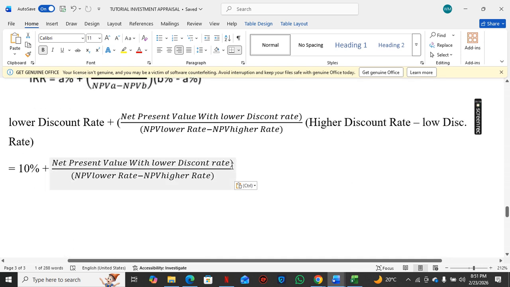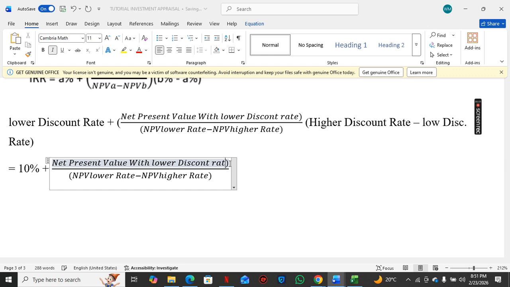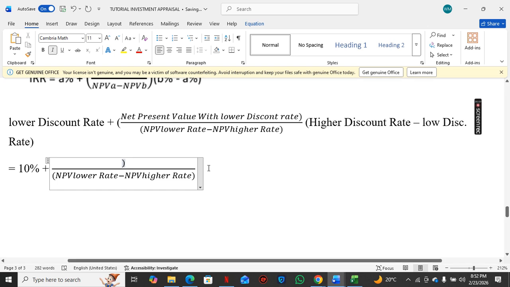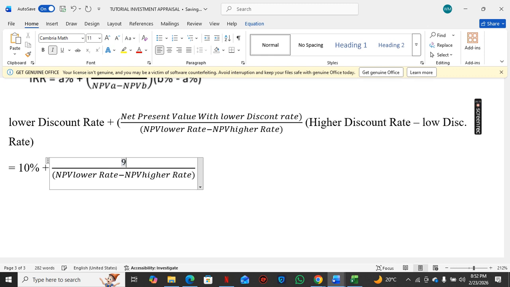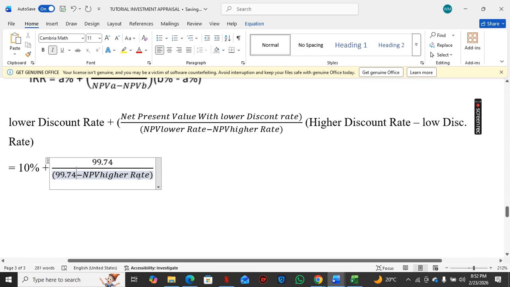So we say 99.74 over the net present value with the lower rate, 99.74, minus the net present value with the higher rate.